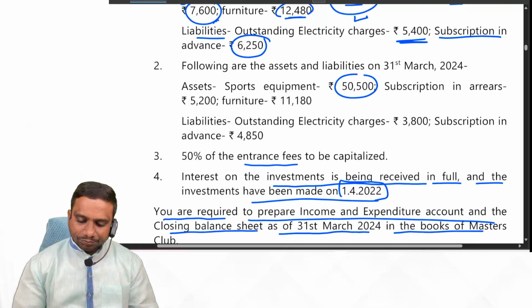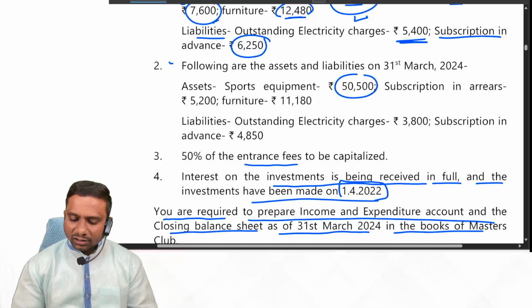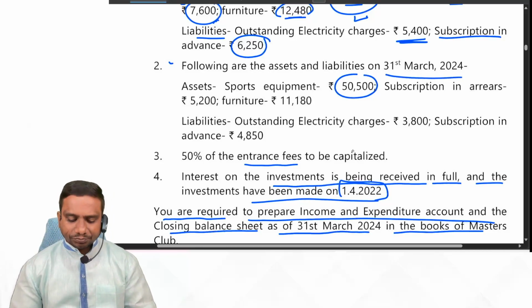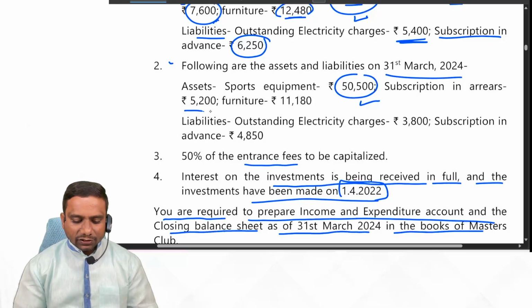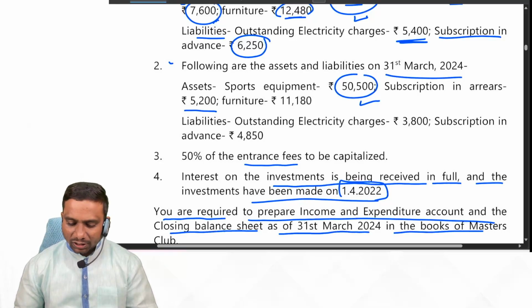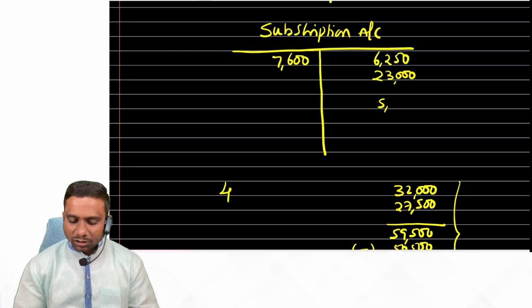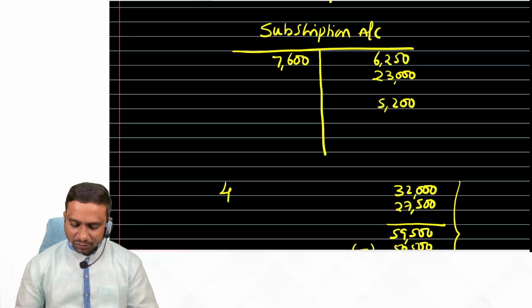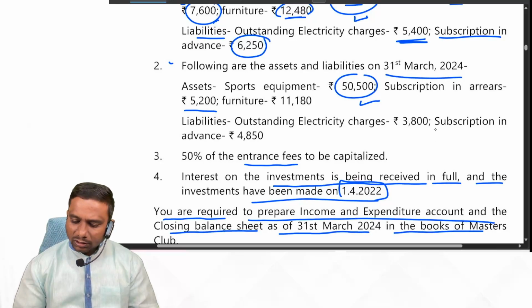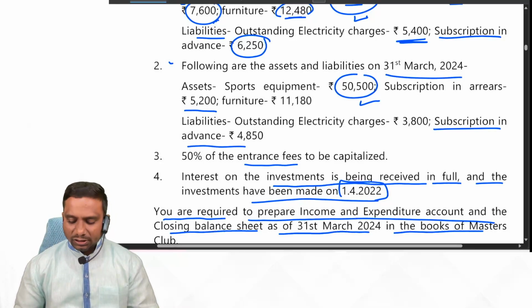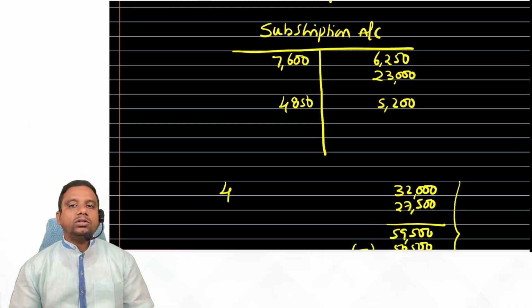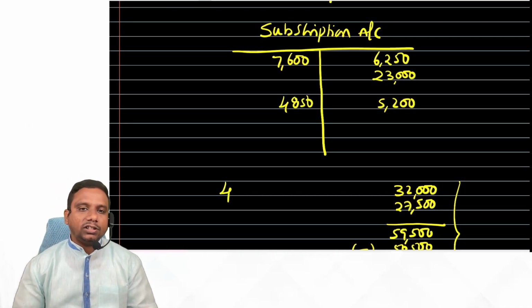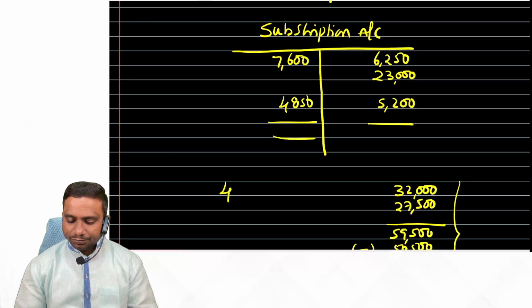Now, these are the assets and liabilities at the end of the year. Subscription in arrears, 5,200, closing balance sheet asset. This is current year outstanding. So subscription account credit side 5,200 and closing balance sheet asset side. Next, subscription received in advance, 4,850. We deduct 4,850 and the same 4,850 we show on the liability side of the closing balance sheet.